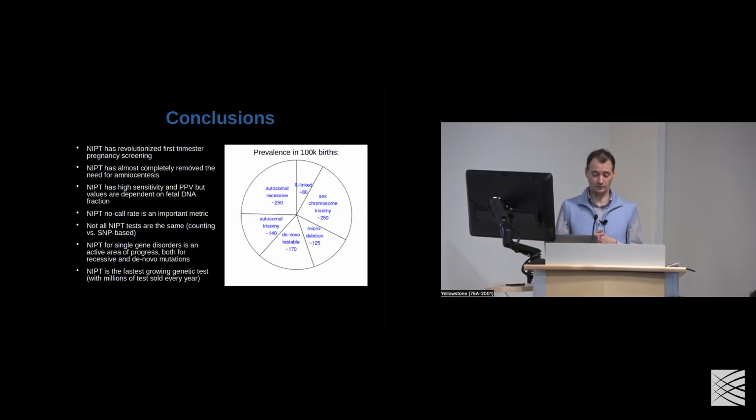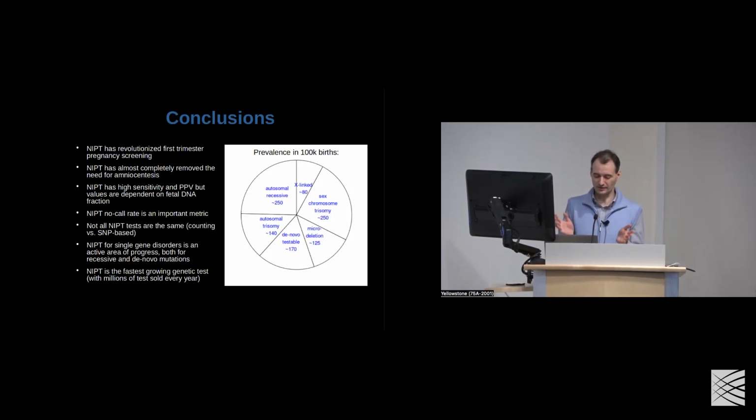It has almost completely removed the need for amniocentesis, except for the cases where you have positive results, and has much higher sensitivity and PPV than the previous standard of care. But it's important to remember it's dependent on fetal DNA fraction. The no-call rate, which is dependent on fetal DNA fraction, is an important metric that often gets shaved under the rug.